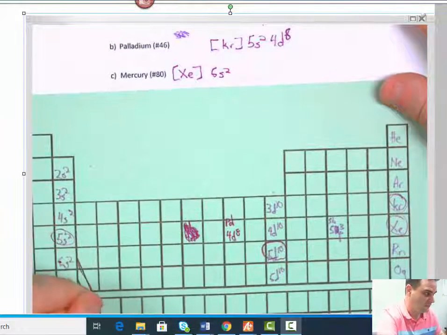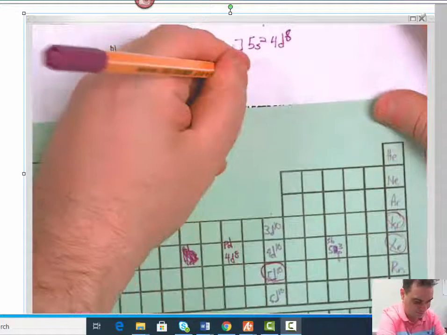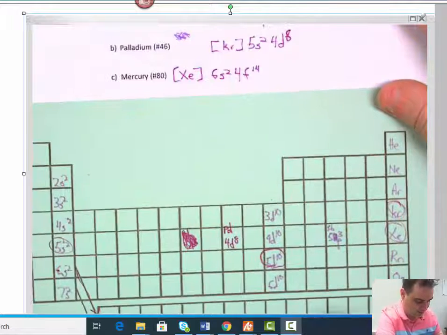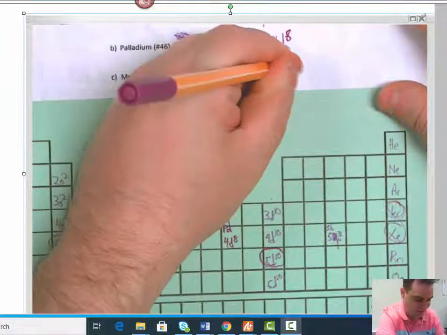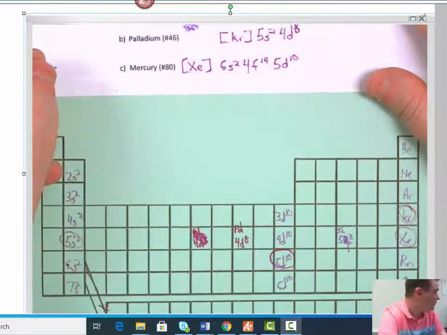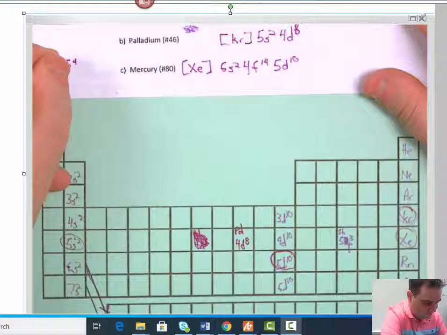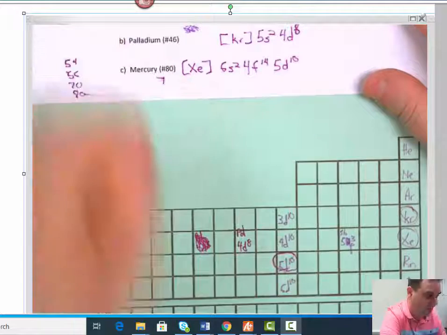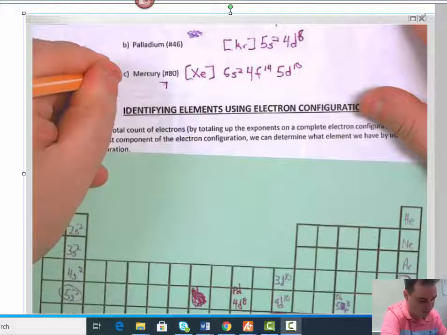Then you have to go down, remember, from the 6s2 over to the 4f14. And then you go back up to the 5d10. Because xenon is number 54. 56, 70, 80. That adds up to the 80 that we are looking for, mercury, which is Hg.